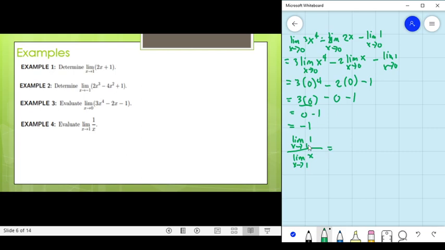The limit of 1 as x approaches 1 is 1, using the constant, over the limit of x as x approaches 1, which is also equal to 1. Therefore, the limit of 1 over x as x approaches 1 is 1.